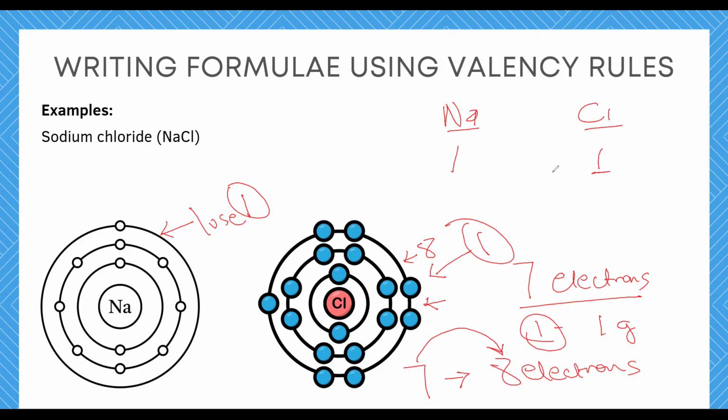You do the swap method. Okay, good. Let's swap. So when we swap, we have Na. What number does it take? One. Good. And we have Cl. What number does it take? One. Good. Now, when it is just 1, 1, we really don't need to write the numbers.